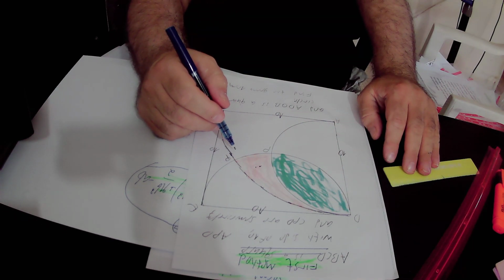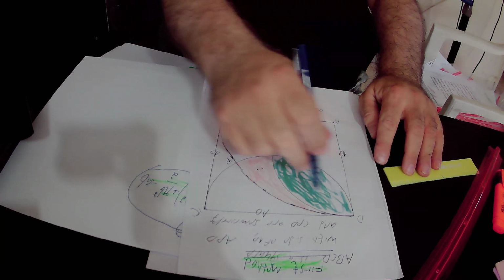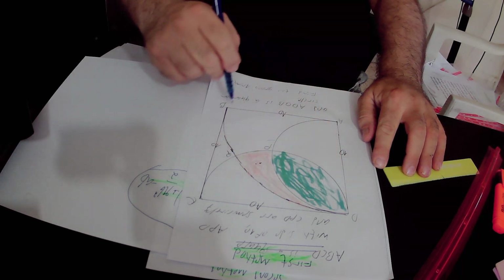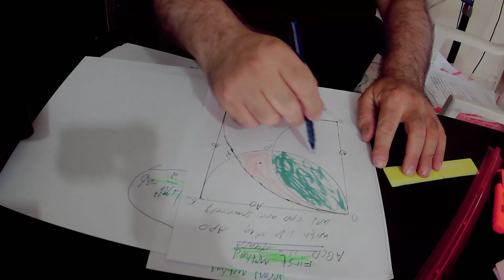It's very easy to see from the drawing that this big lens was created by the intersection of the quarter circle with the semicircle.